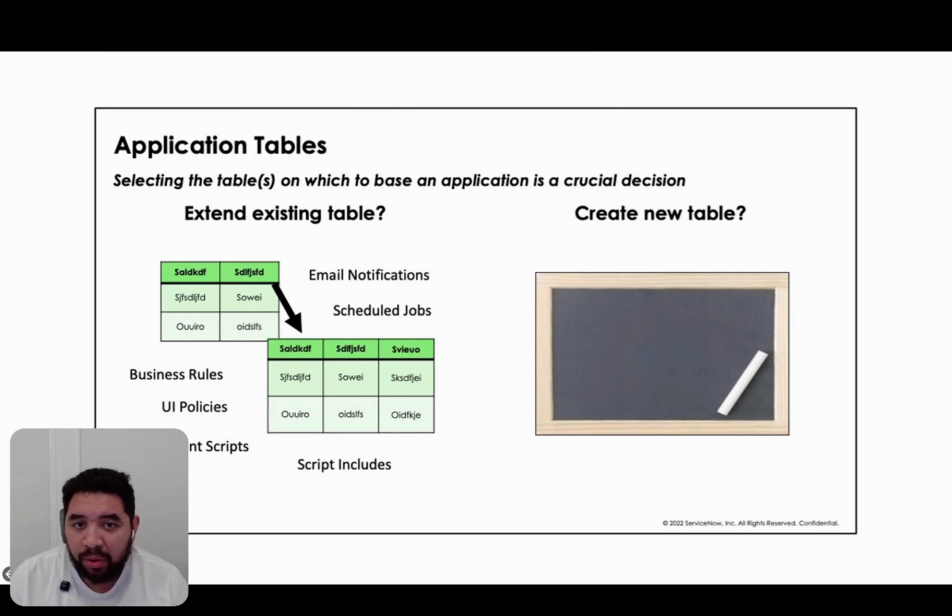Creating a new table, on the other hand, gives you a clean and isolated data model. This is the best option when your application has a unique purpose and should not inherit existing behaviors. The key is to decide whether your application should reuse existing behavior or start from scratch with full control.